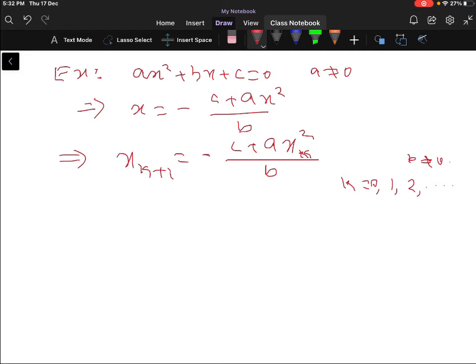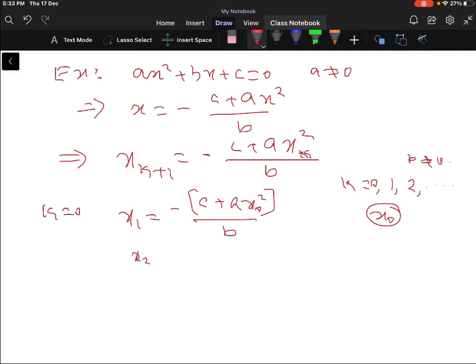And you have to choose the initial value x naught. When k is equal to 0, that is x1 I can find out, that is minus c plus a into x naught square by b. You can find out x2, x3 and xn and so on.